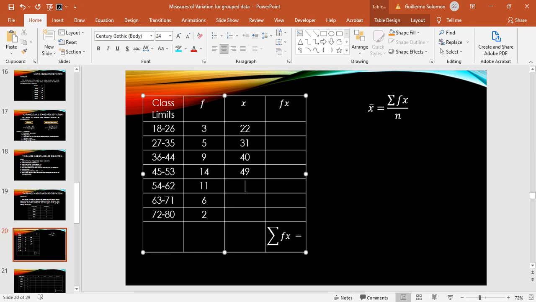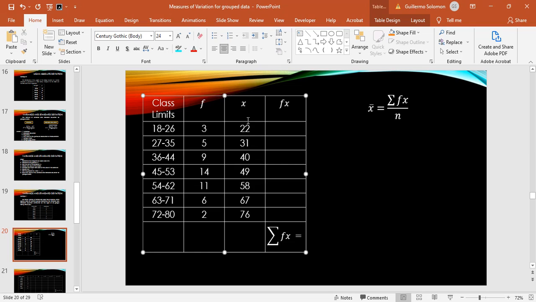So 54 plus 62 divided by 2, that is 58. 63 plus 71 divided by 2, that is 67. And 72 plus 80 divided by 2, that is 76.